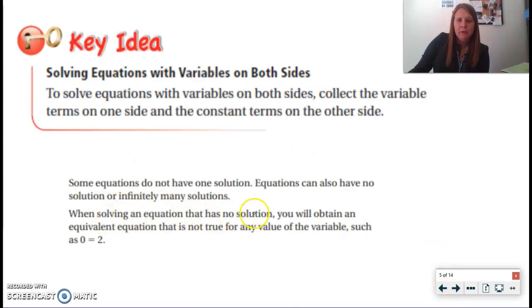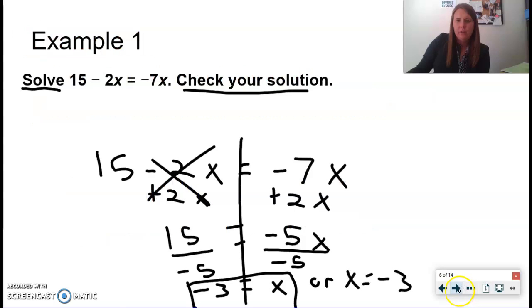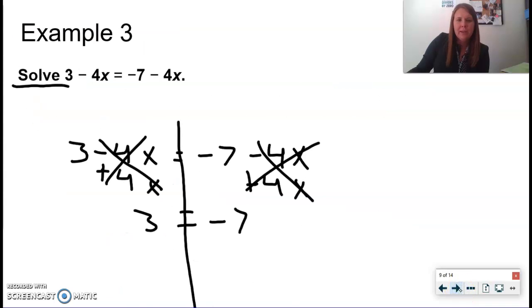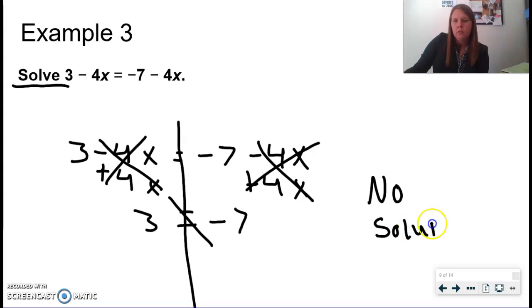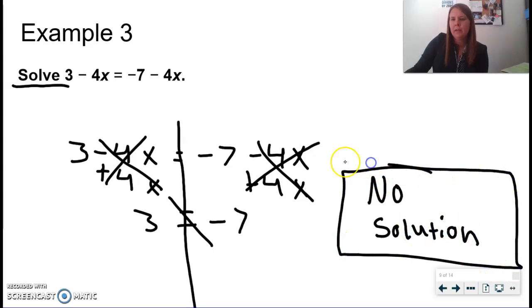When the solution of an equation has no solution, you obtain an equivalent equation that is not true for any value of the variable. So 3 does not equal -7. So in this case, there's going to be no solution. There's no number in the universe that's going to make this problem correct. And so, no solution.